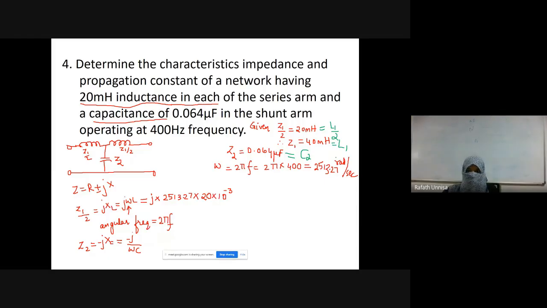So they cannot be directly substituted. We are supposed to take the reactive part also into consideration by taking the omega into consideration. So now tell me what answer you are getting for this?